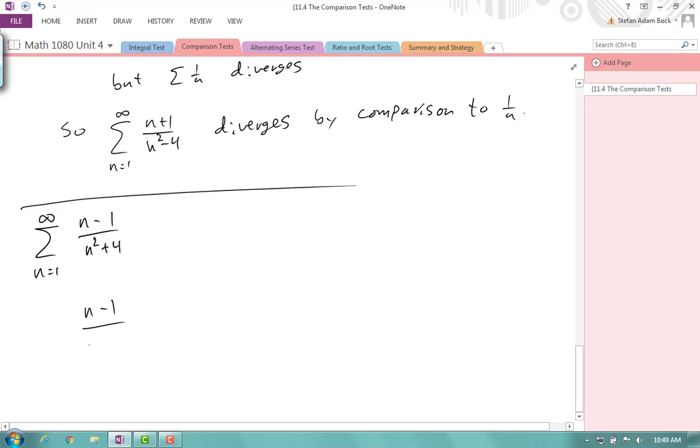But now if I look at n minus 1 over n squared plus 4, if I get rid of this minus 1, that's going to make the top bigger. And if I get rid of this plus 4 in the denominator, that's going to make the denominator smaller, and therefore the fraction bigger.